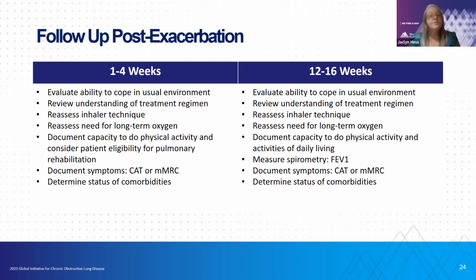Also looking at the improvement of their symptoms, since a lot of their symptoms will typically take a while to fully subside. Usually the biggest complaint is that their phlegm is not necessarily going away as quickly as they'd like it to. And then also determining what the status is of any of their other comorbidities.